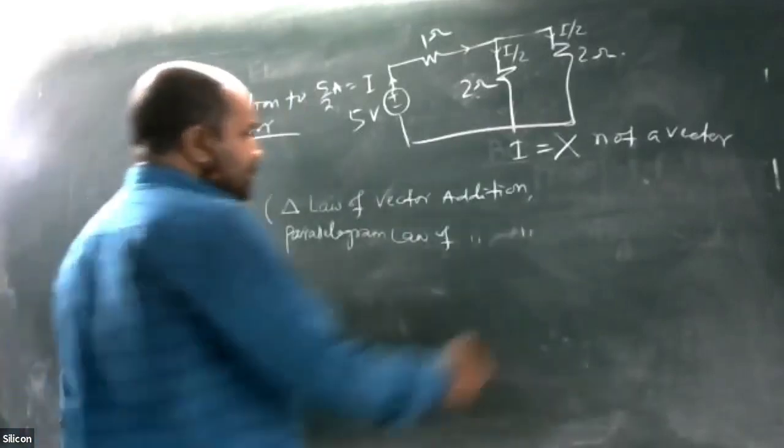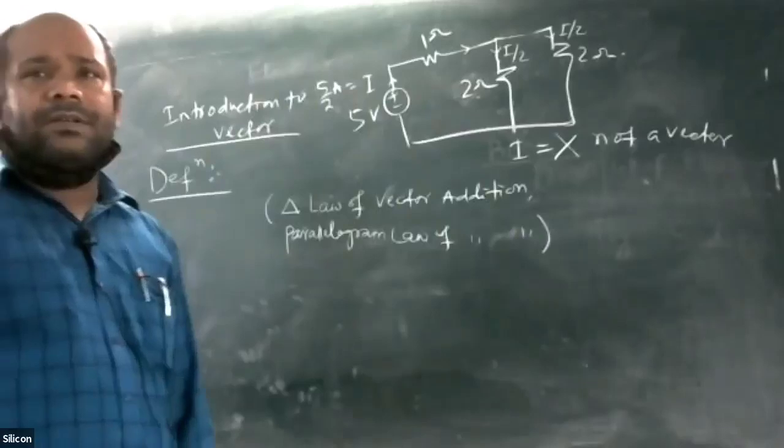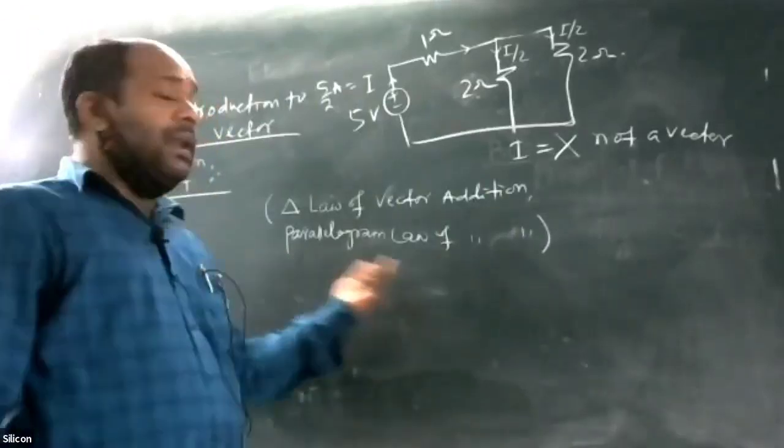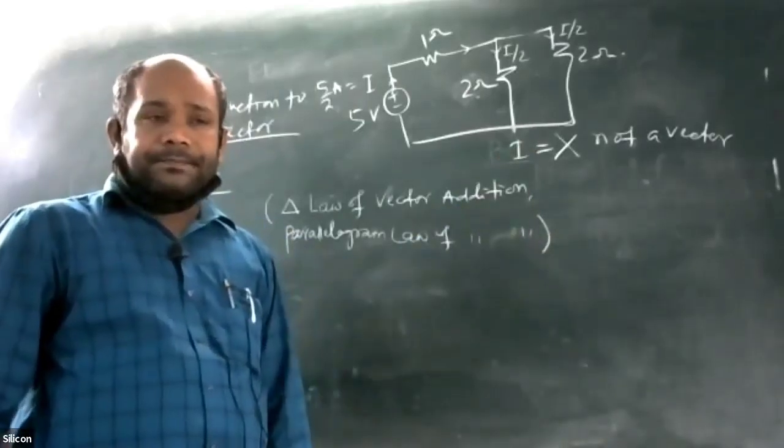Close the bracket. This current is not satisfying the triangle law of vector addition or the parallelogram law of vector addition. That's why this is not a vector.